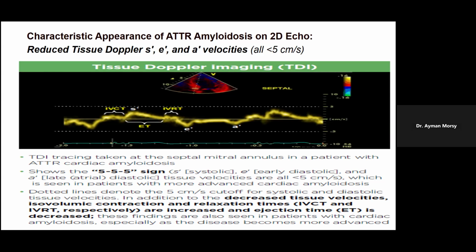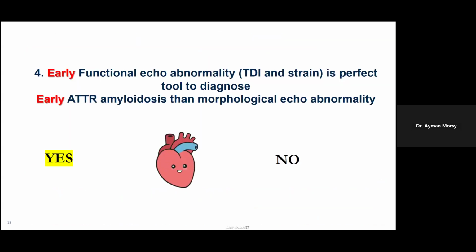So don't wait at all until we see the 555 sign or decreased tissue velocity, isovolumic contraction and relaxation time. All of these tissue Doppler parameters are very late signs.